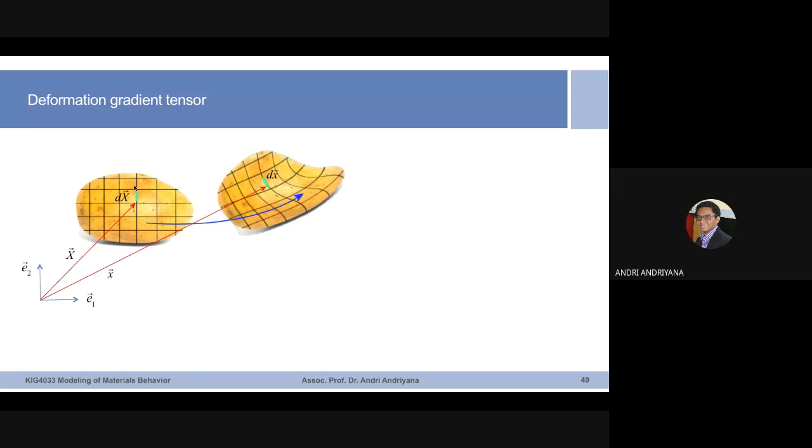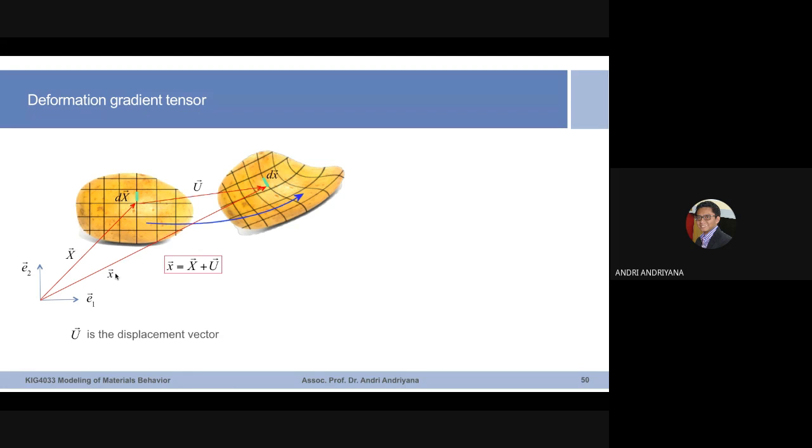Let's say that the vector X here specifies the position of one tip of this line. And then this point, which is the tip of this line, changes to become this point in the deformed situation. The vector associated with this point at the deformed state is the small x vector. So from large X vector to small x vector, right?